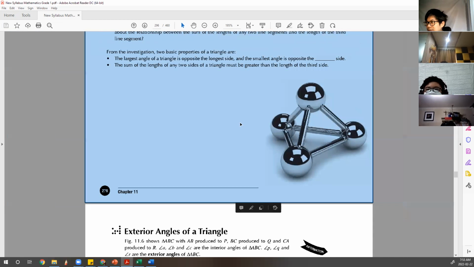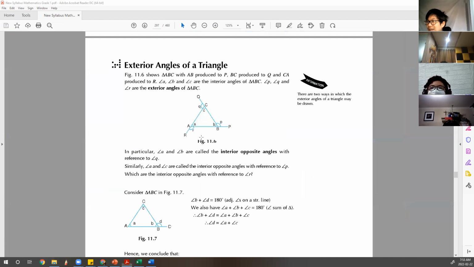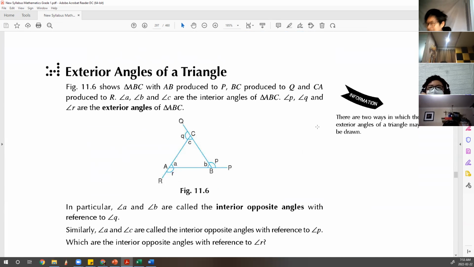Next. Exterior angle. What is an exterior angle? An exterior angle is the angle that is outside of the triangle. So you don't get confused about which part you want to use. I want to draw a different triangle, as weird as I can, with an extra line here.